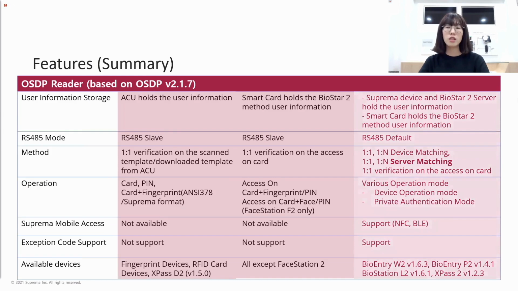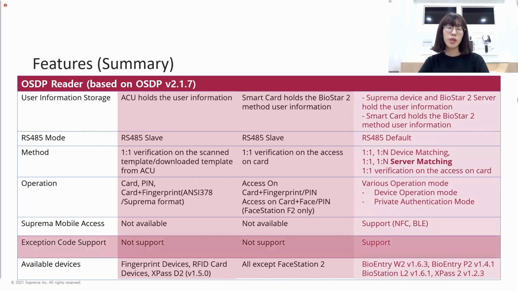With intelligent slave, when authentication is successful in the device for the user information stored in the device or server, the card number of the user is transmitted to the access control panel through OSDP.